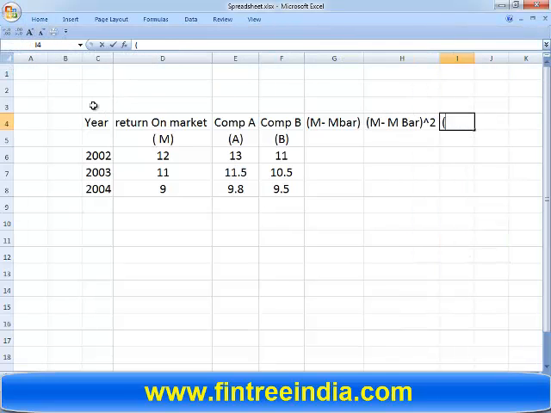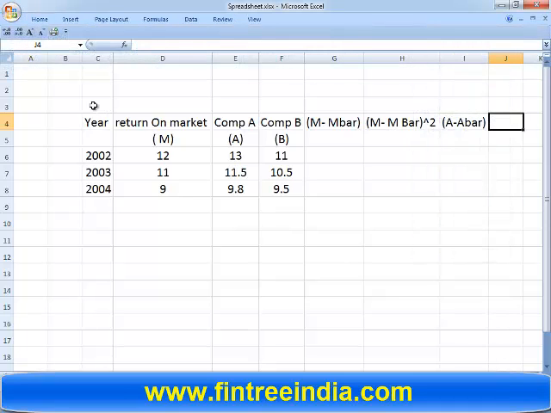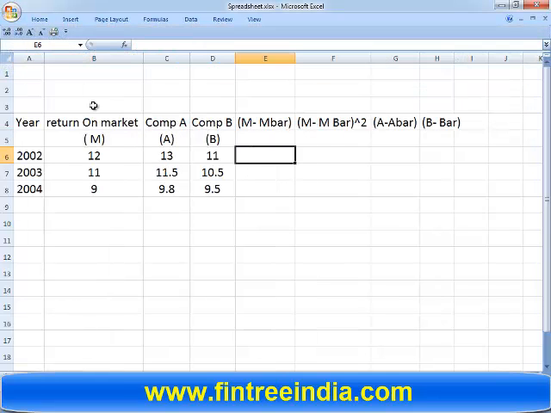Then a minus a bar. And this is where you can have b minus b bar. Okay, so this should be sufficient. And then start calculating numbers here.